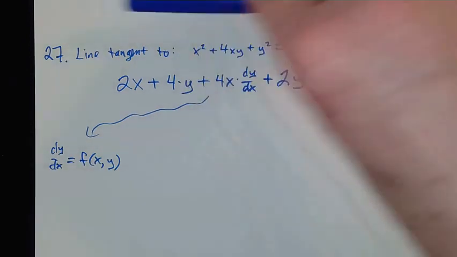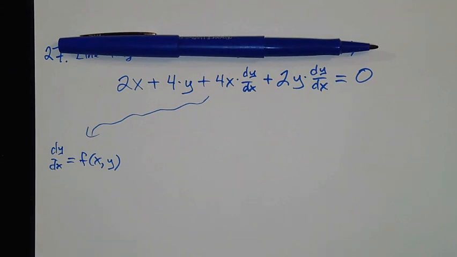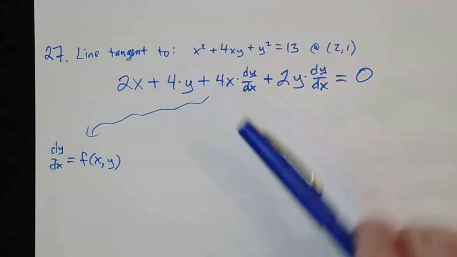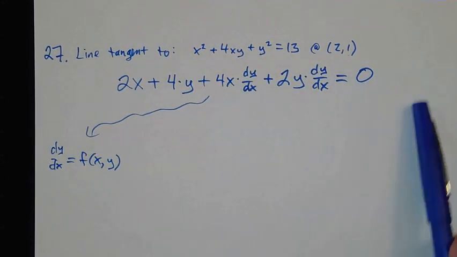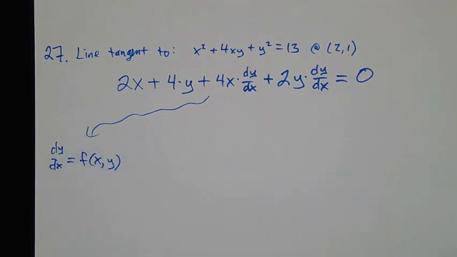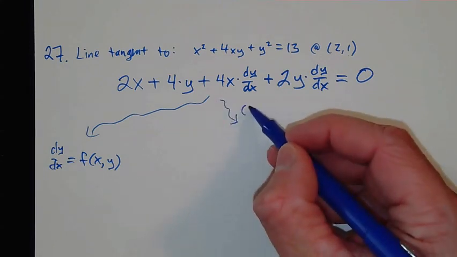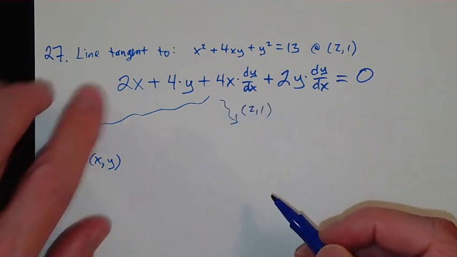Now, if this problem just says find dy dx, and it doesn't say anything about an equation of a tangent line, you could find it very easily. I'm guessing some of you would want to do that, and that's fine. Like I said, isolate the dy dx terms, factor out the dy dx, divide by what's left over, and come up with that. But I am going to plug in the point (2, 1) in place of x and y.